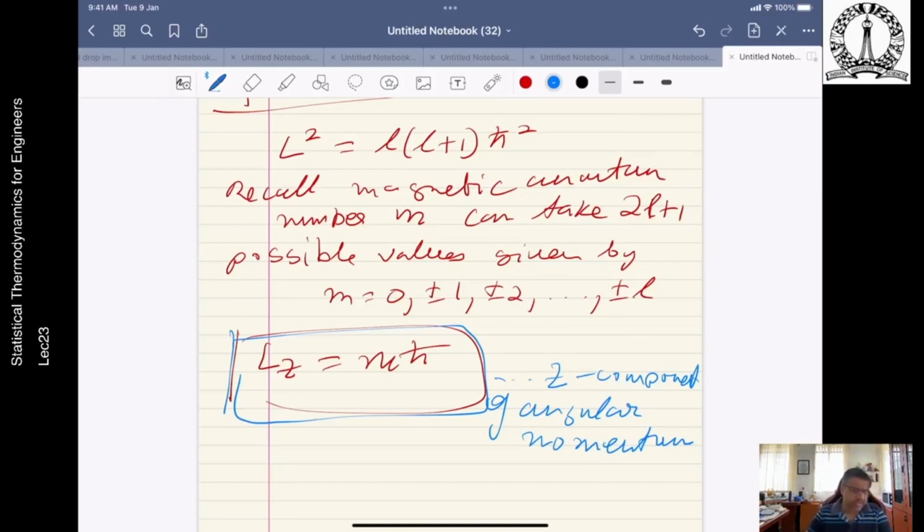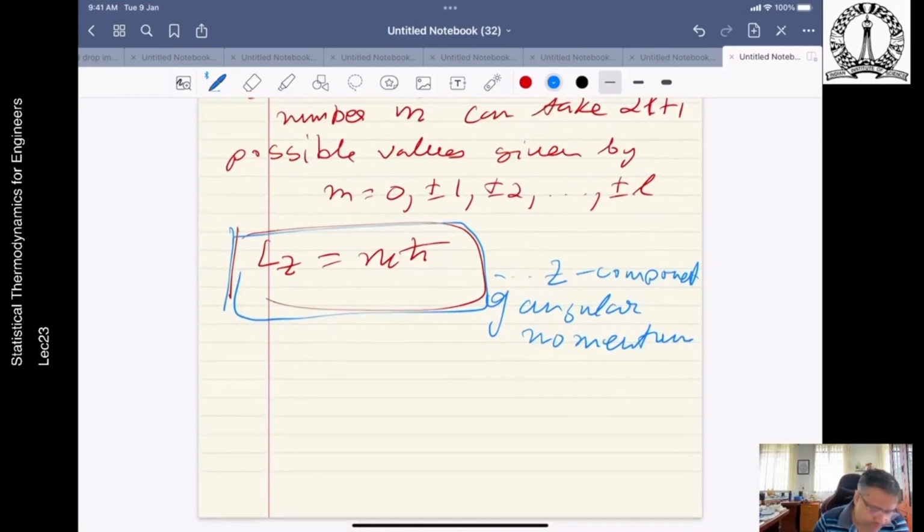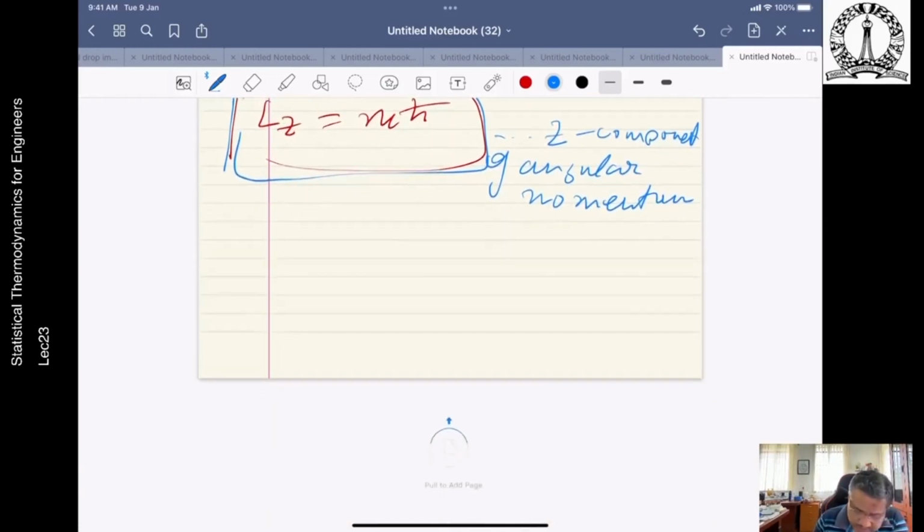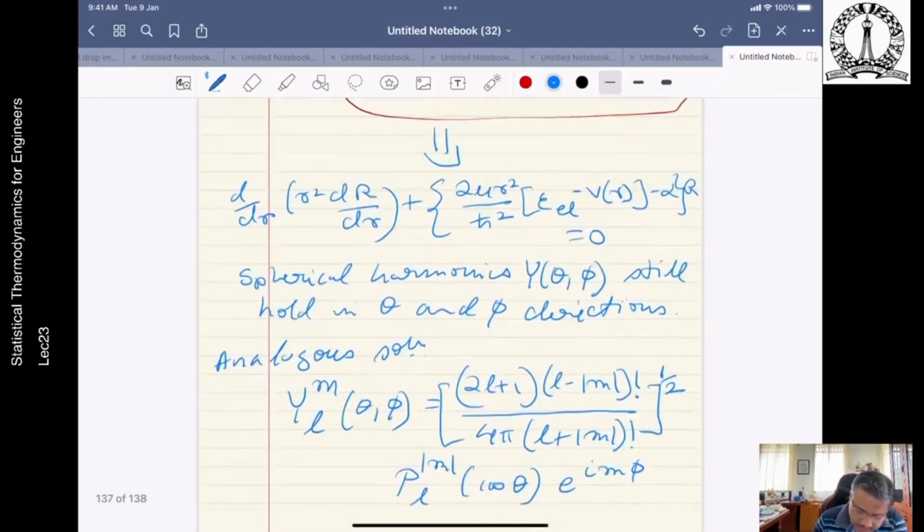So based on the above development, the distinctive mathematical feature for atomic hydrogen as compared to the diatomic molecule is the radial component of the Schrodinger wave equation. Let us look at the radial component and see what is new, because up to this point it is more or less the same.